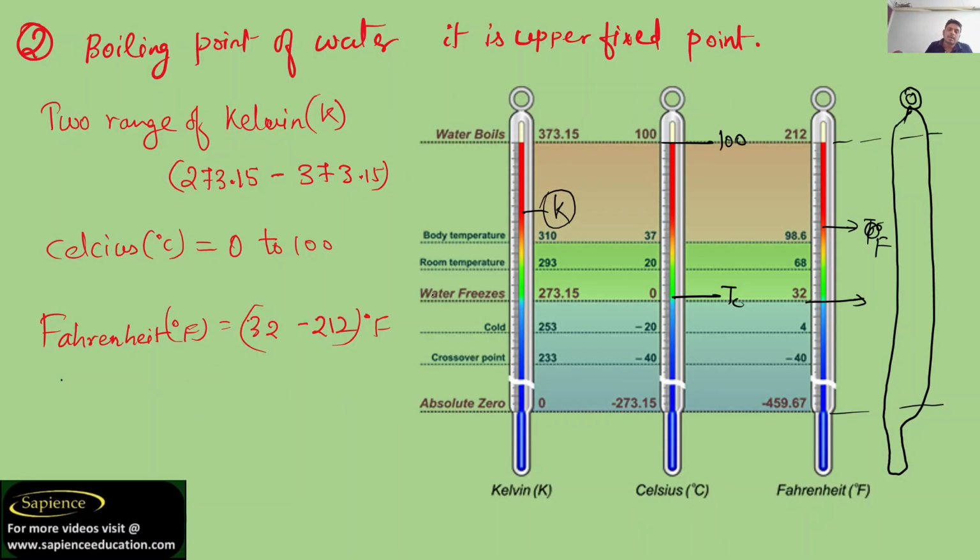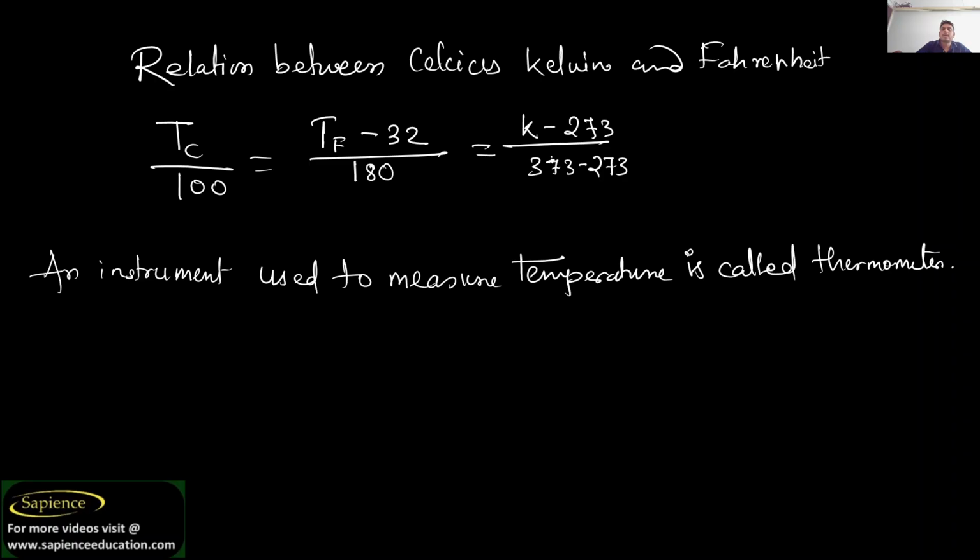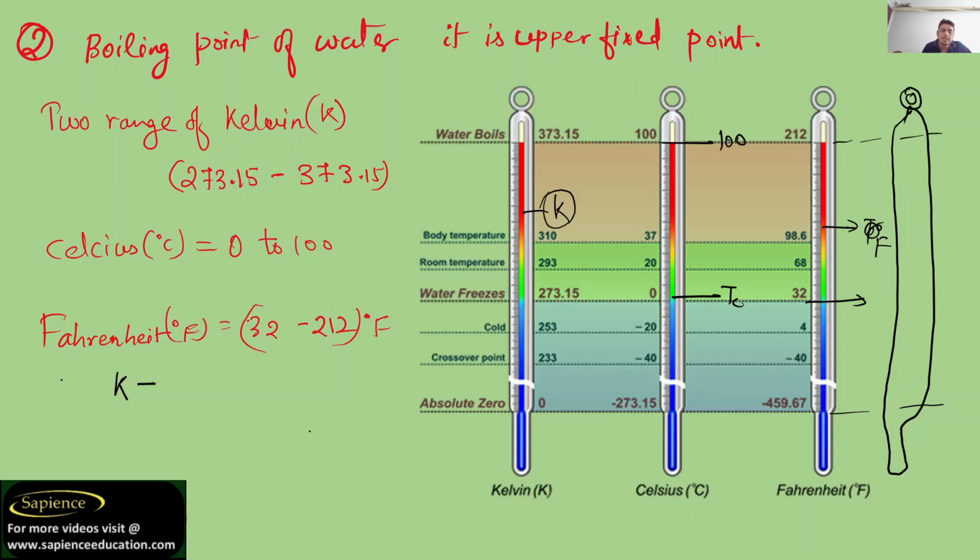First of all, for Kelvin, put K minus the lower limit, that is the freezing point, which is 273.15, divided by the upper limit, the boiling point, minus the freezing point.